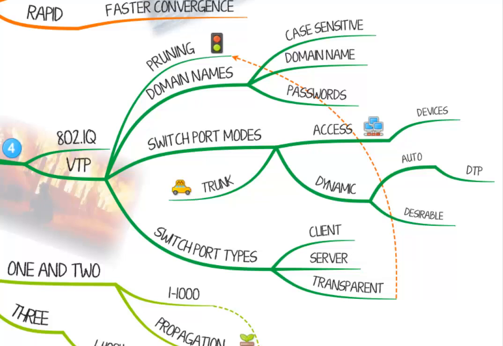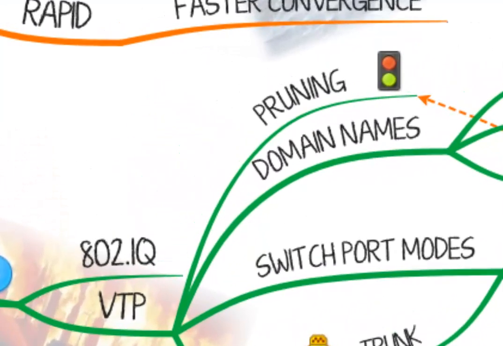You can set the switch as a client, where it just doesn't do anything. Server, where it actually is active and propagating the changes. And transparent mode, I believe, doesn't do anything itself. It's not a client or a server, but it allows changes to go through it. Now, VTP pruning. Boy, I'm starting to forget this stuff.